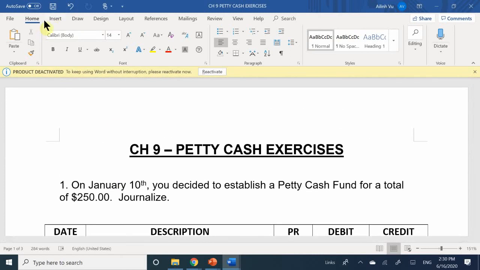Okay, if you credit or debit a petty cash fund, that is wrong. Okay, so remember the takeaway from this is if you are replenishing your petty cash fund, all you need to do is write a check for the amount of receipts that are in your petty cash fund. Okay, and that is it.